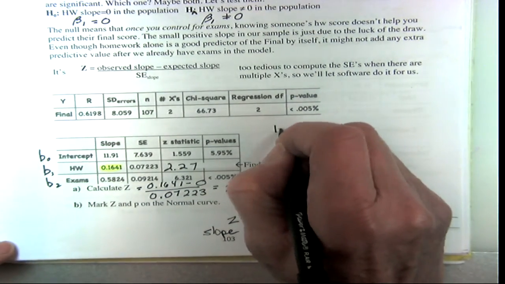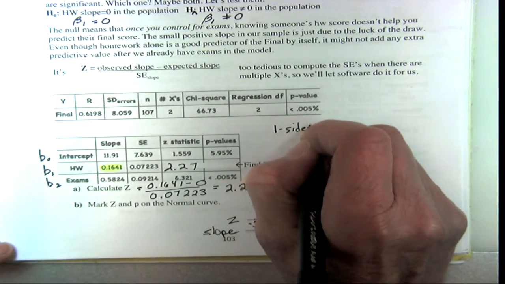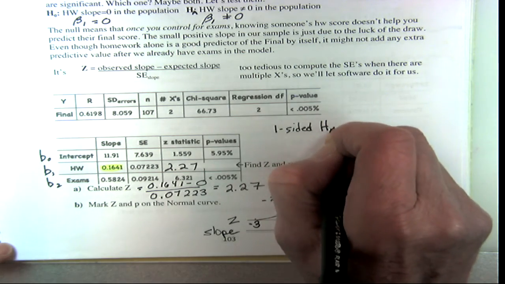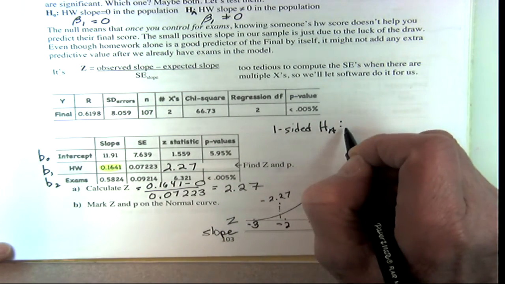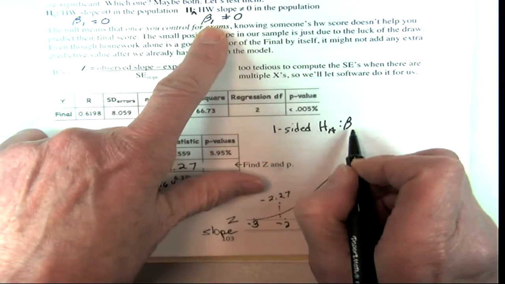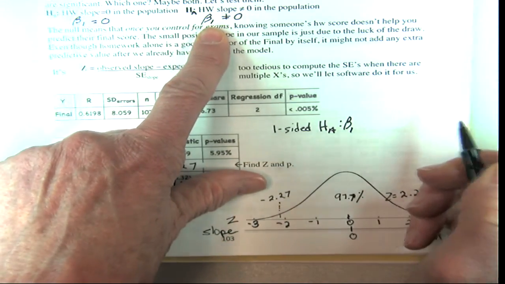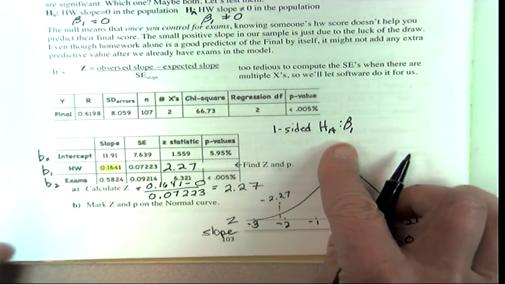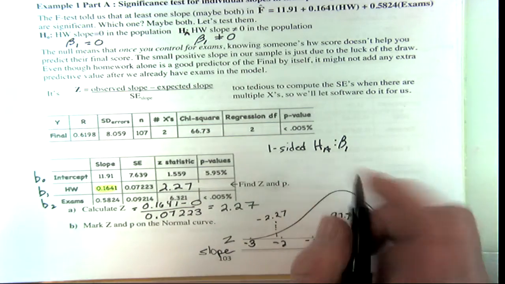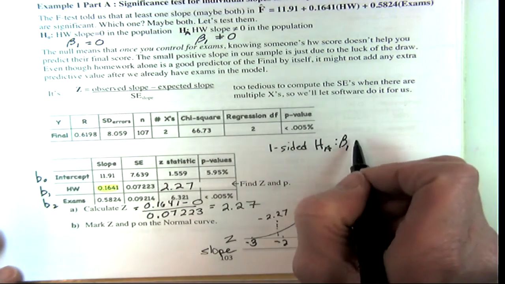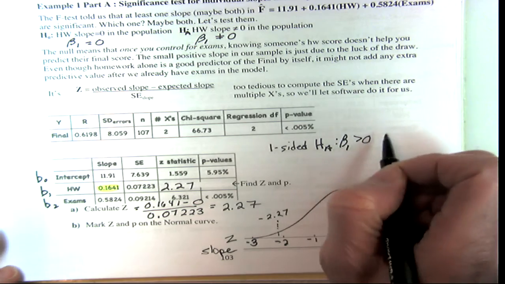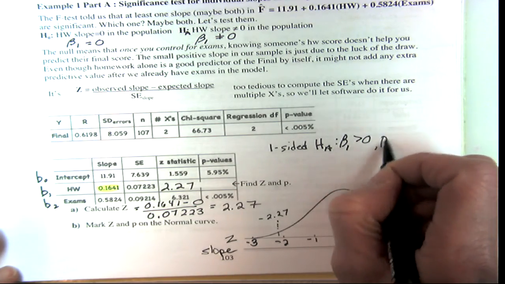So for the one-sided alternative hypothesis test, that would be what? The beta 1 in the population, the slope for homework, is going to be greater than 0, right? And then our p-value would be what?